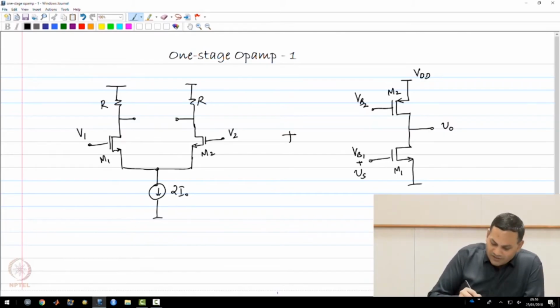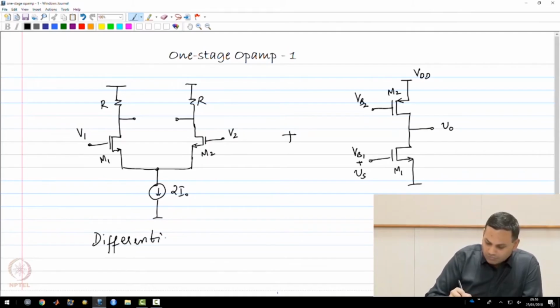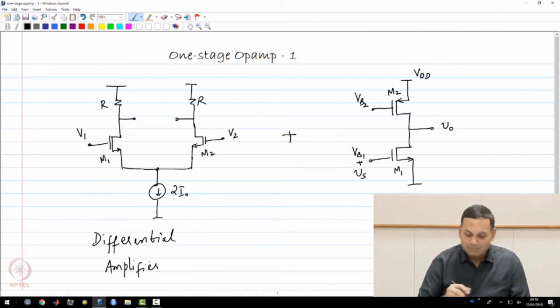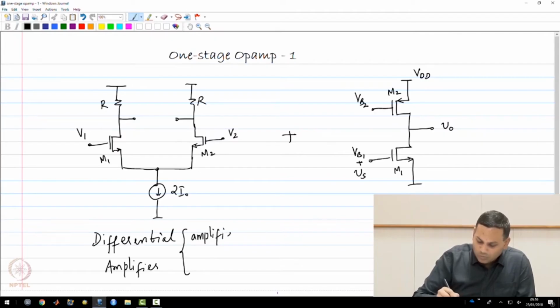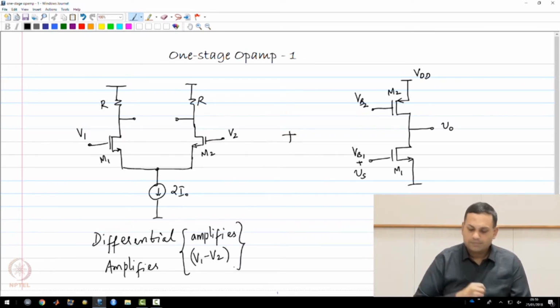Now what is the advantage of the differential amplifier? The advantage is that it amplifies V1 minus V2 preferentially.